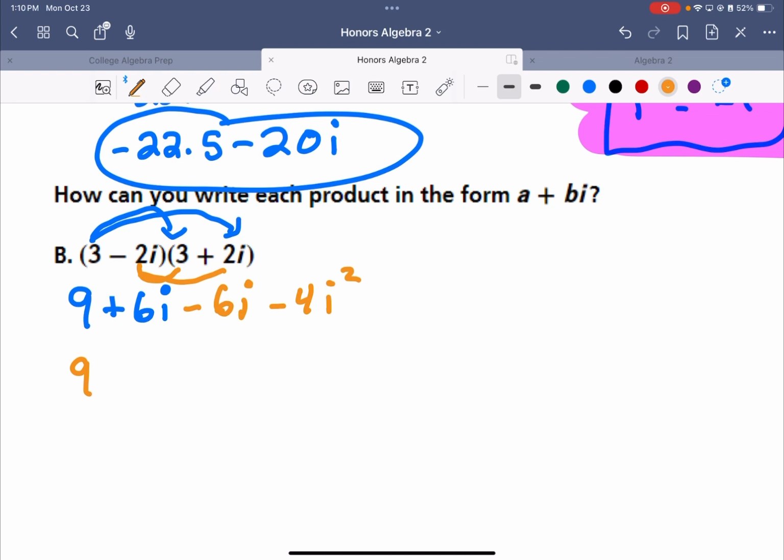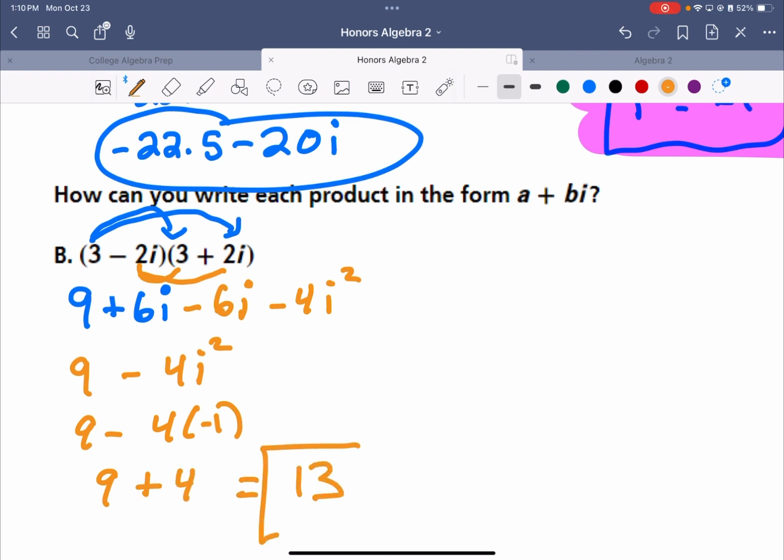So now if I rewrite this, this is 9. What happens to the i's? 6i and negative 6i, they go away. So this would be negative 4i squared, but i squared is equal to negative 1. So this is going to be 9 plus 4, which is equal to 13.